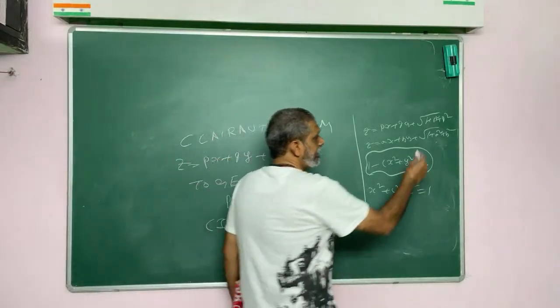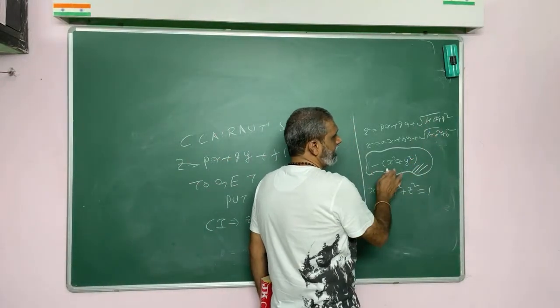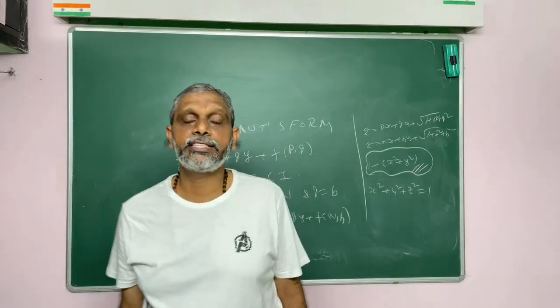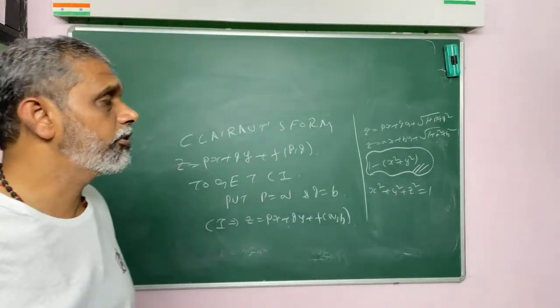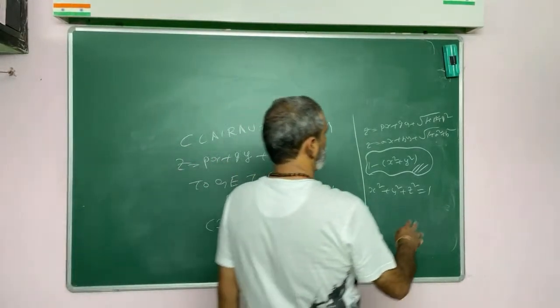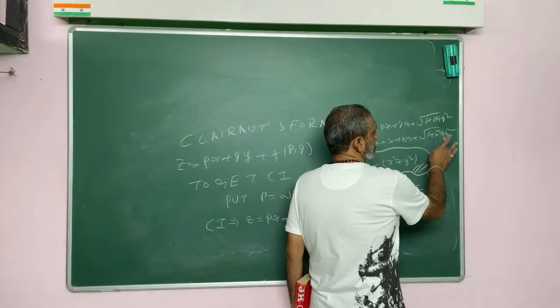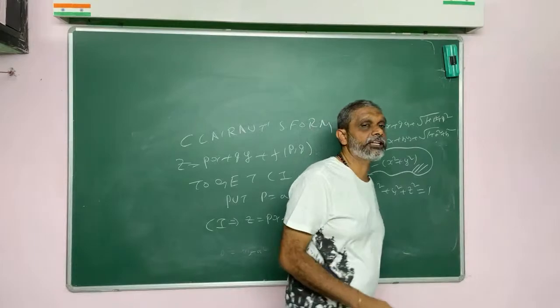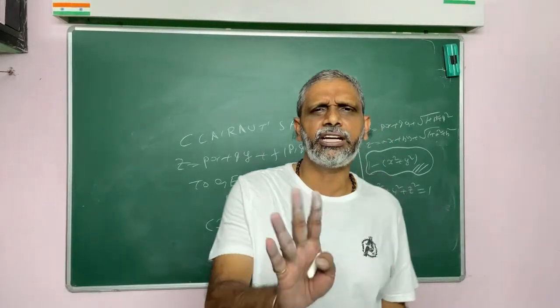Suppose if it is a square also, same story only, 1 minus only. Don't do a square plus; if you do that, the whole thing will collapse. If the a square coefficient and b square coefficient is 1, then 1 minus only. Suppose here 4a square, 4b square, that time we can do 4 minus, but it won't matter, don't worry.